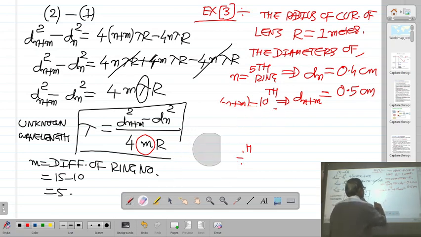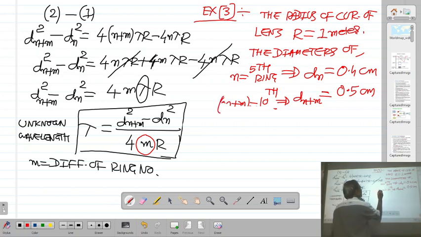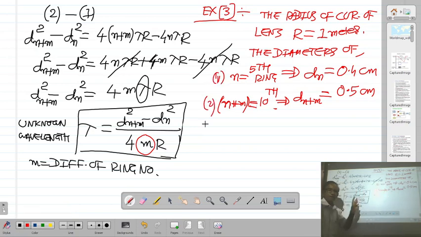So you can use this equation. But here, what is the difference of the ring numbers? One ring is given, n equal to the fifth ring, and the second ring is given, n plus m, the 10th ring. So what is the difference of the order of the ring?